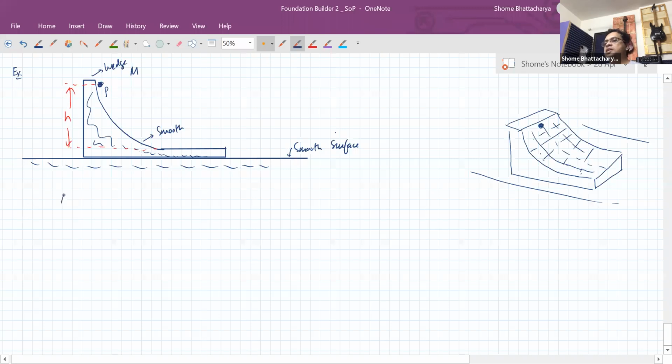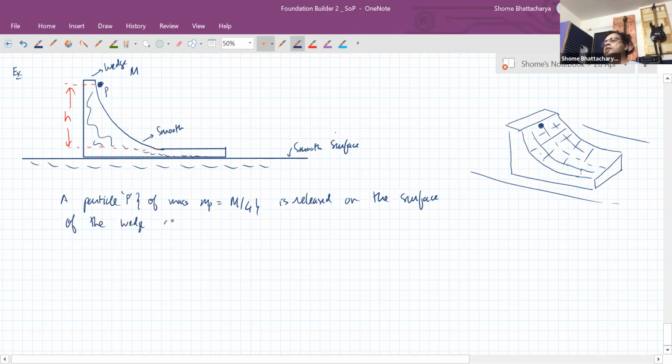A particle P of mass, let us say, MP, which is equal to capital M by 4, one fourth the mass of the wedge, is released on the surface of the wedge as shown. It is gently released on the surface as shown.